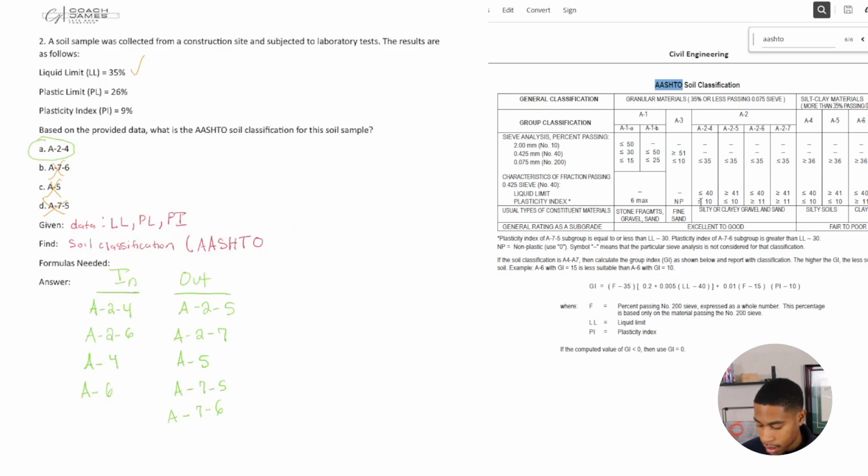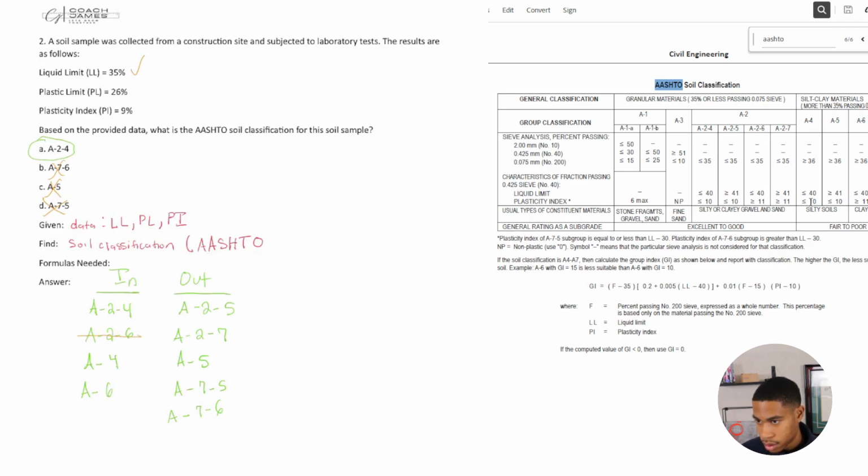As I'm looking at A-2-4, is it less than 10%? Yes. So A-2-4 is still in. What about A-2-6? Well, it's greater than 11%. So now A-2-6 is out.